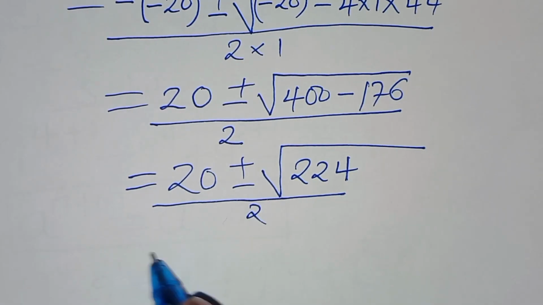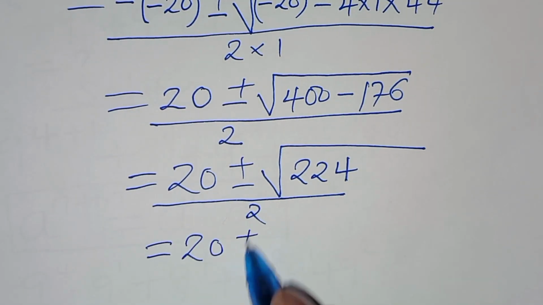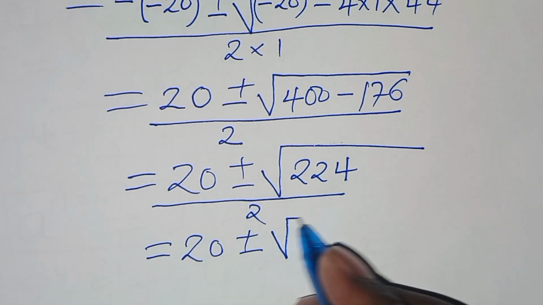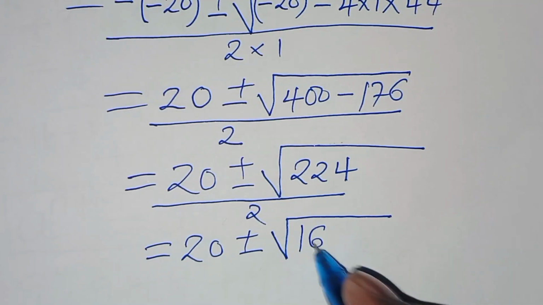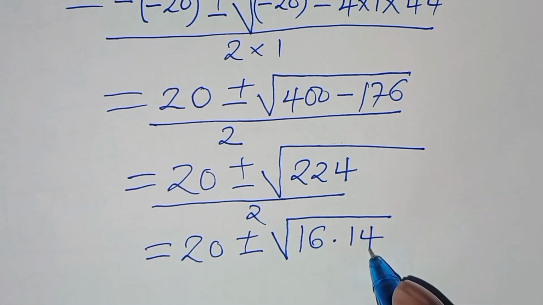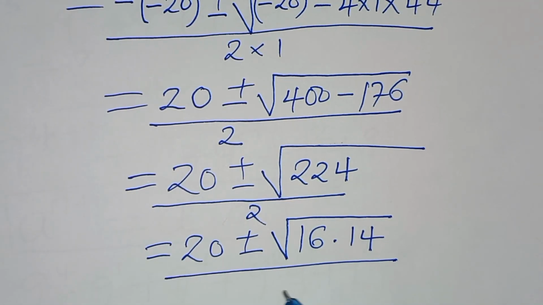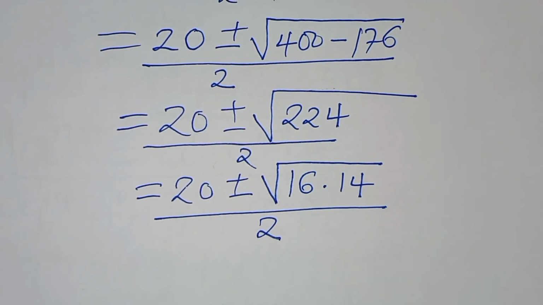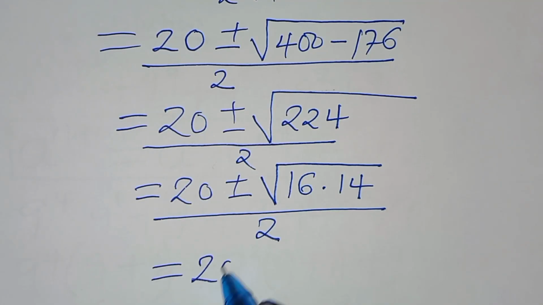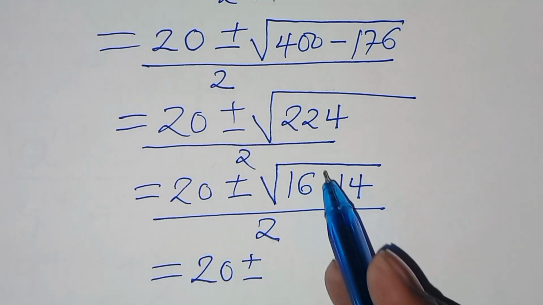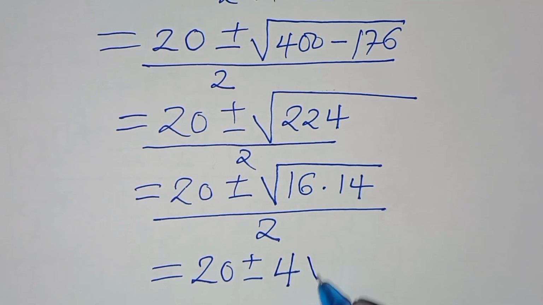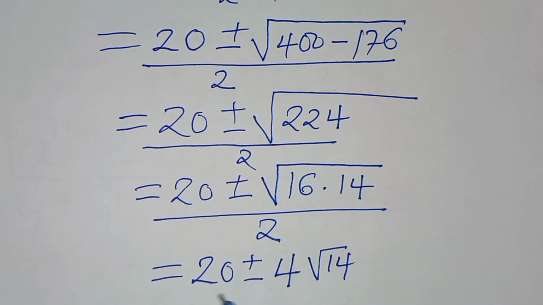Now the next step, we can express the square root of 224 as the square root of 16 multiplied by 14, divided by 2. This is the same thing as 20 plus or minus the square root of 16, which is 4, and then we have square root of 14, divided by 2.